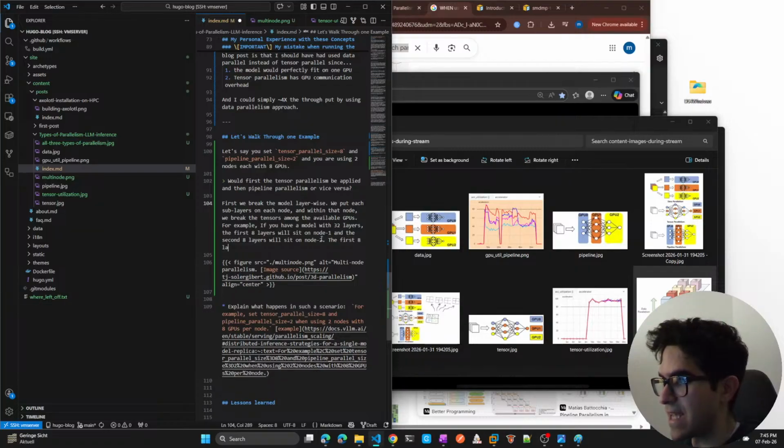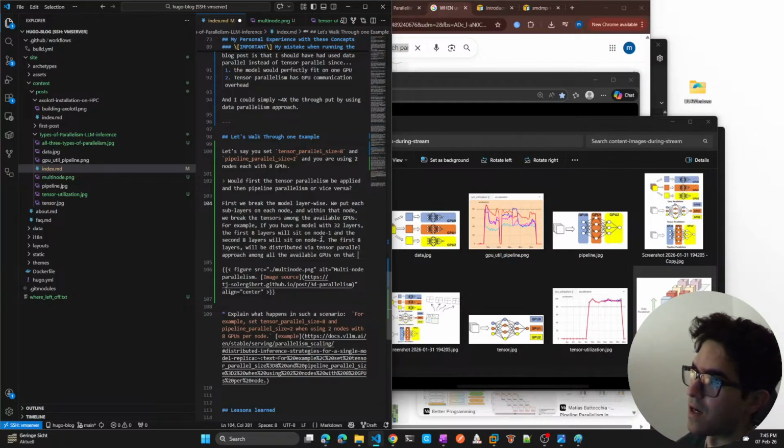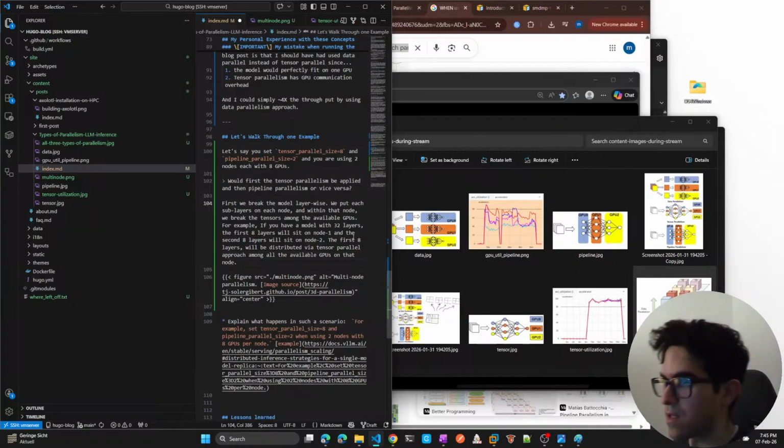The first 8 layers will be distributed via tensor parallel approach among all the available GPUs on that node. Okay.